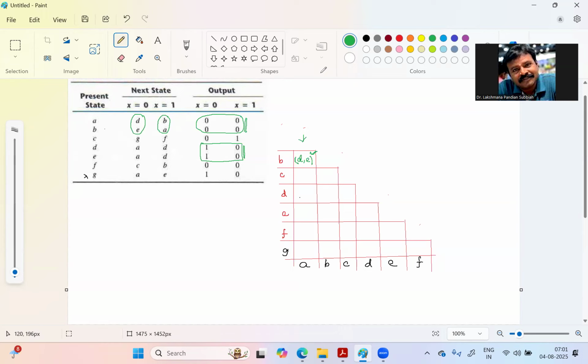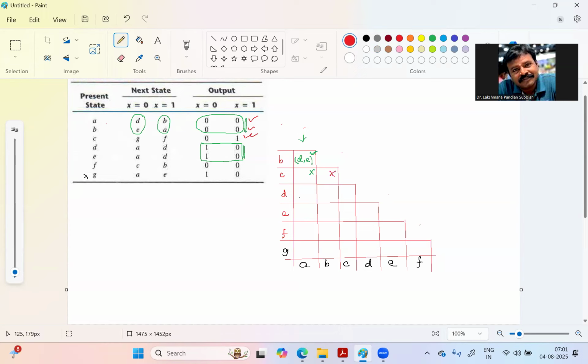Next, AC. A and C have different outputs, so it cannot be paired. Then BC also has different outputs, so it cannot be paired.